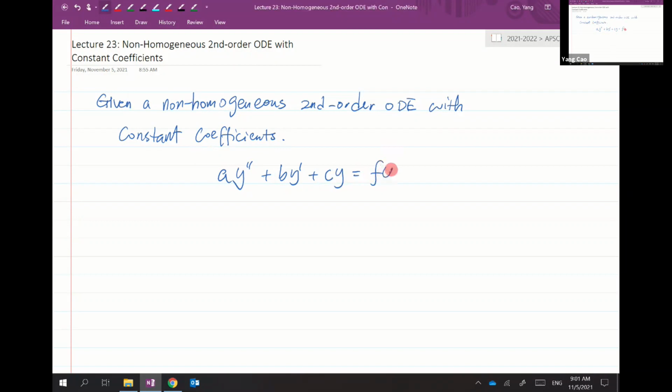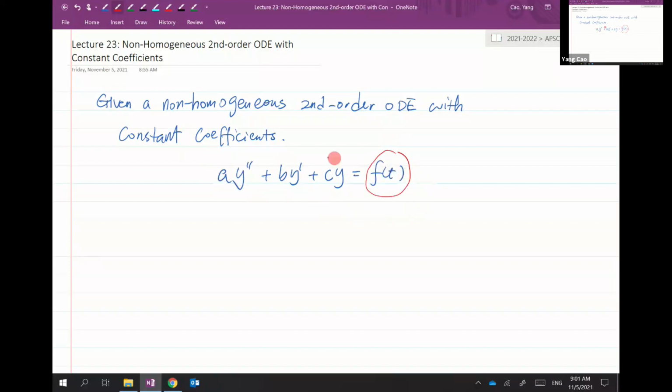This is what a non-homogeneous one looks like. You can see the term on the right side is not zero. If this term is zero, then you get back to your homogeneous case. So this is what we're going to try to solve.